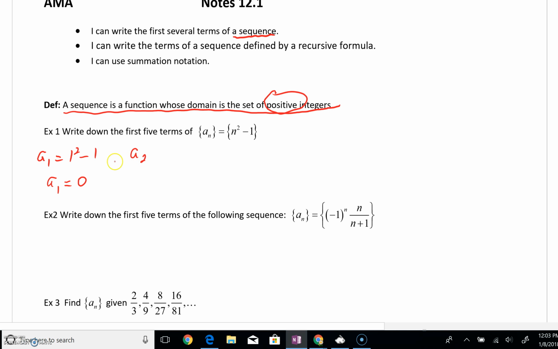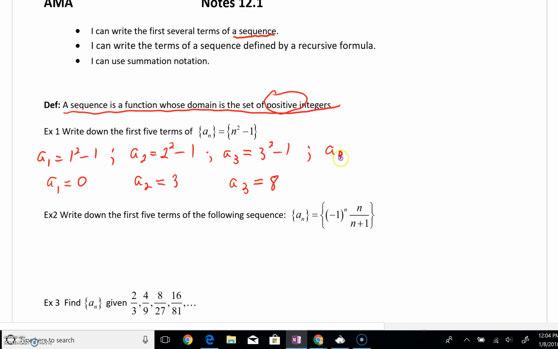A sub 2. Well, that would be allowing n to equal 2. We'd have 2 squared minus 1. Well, that's 4 minus 1. That, of course, would work out to be a 3. If we had our third term, a sub 3, 3 squared minus 1. Well, that's 9 minus 1, of course, is 8.